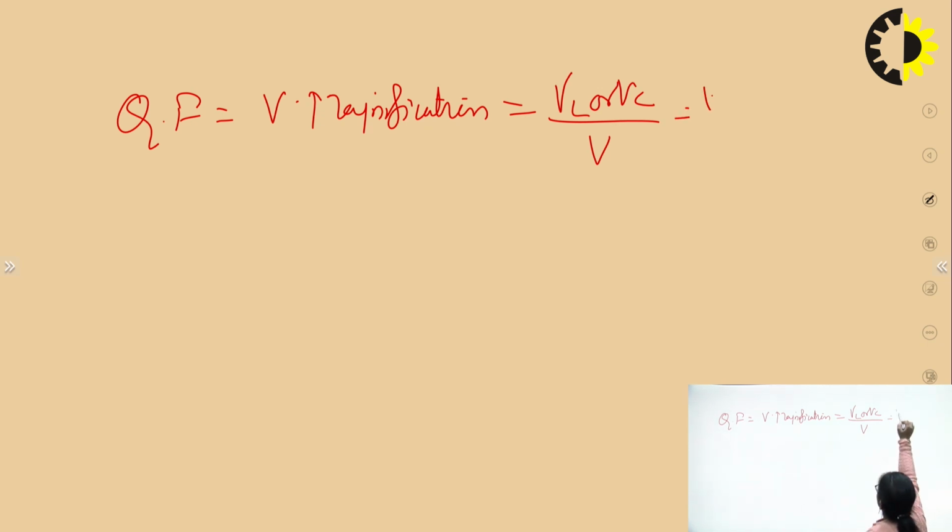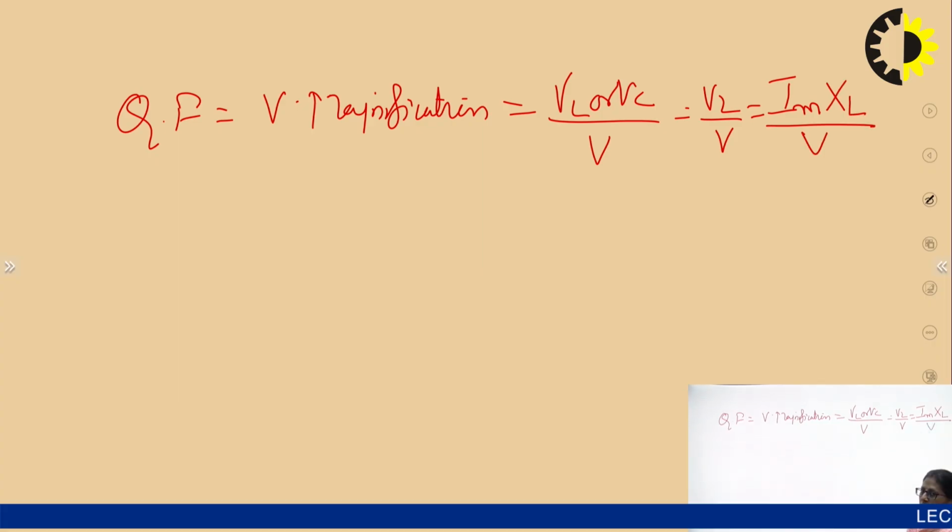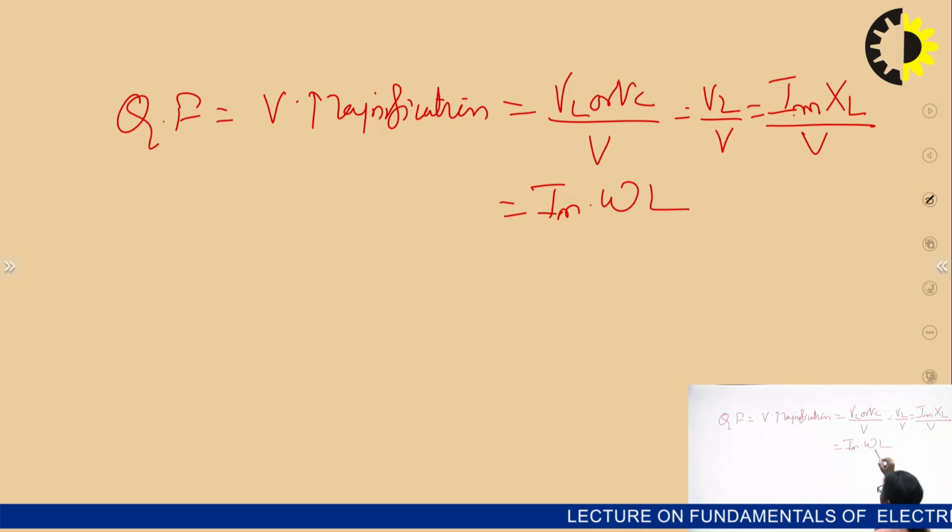Once again, if at all I go with VL upon V, VL can be given as, at the resonance the current is Im into XL, by V. Once again, Im, that is the maximum current, multiplied by XL. XL is the inductive reactance at resonance, given by omega R L, by V.